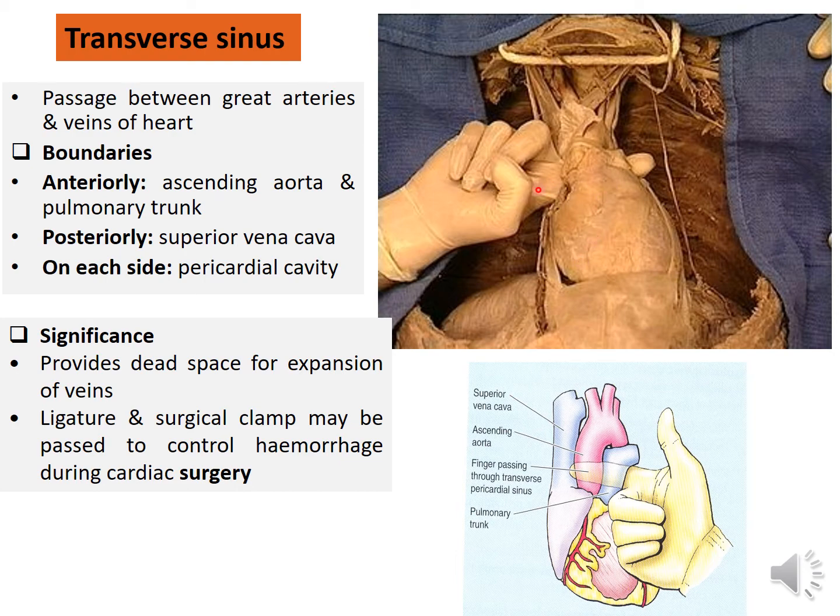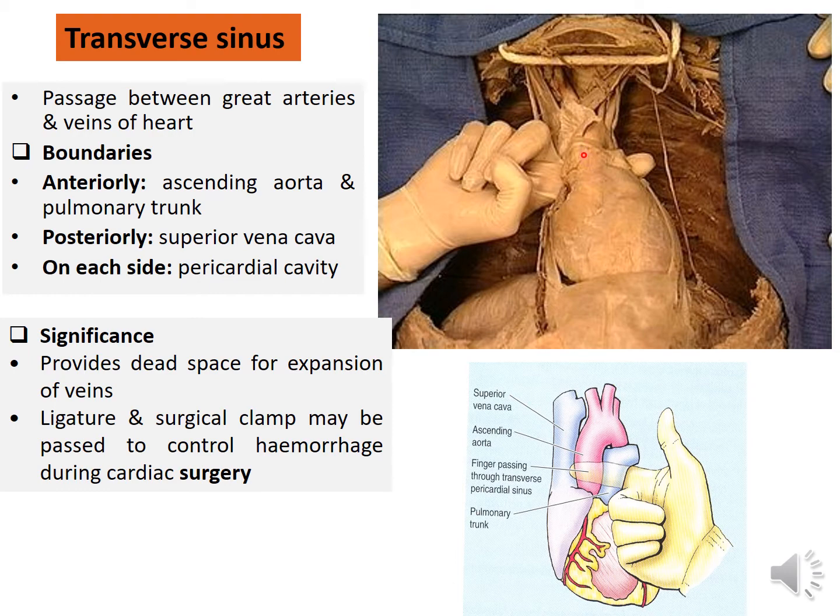Here I will show you one sinus which is in a transverse direction, where the index finger is passed or probed, and this space is called the transverse sinus. Where exactly is it located? It is located between the great arteries and veins of the heart. You will understand this by knowing its boundaries.